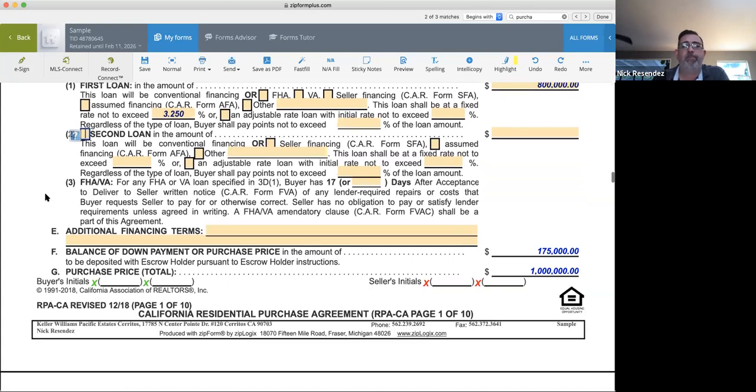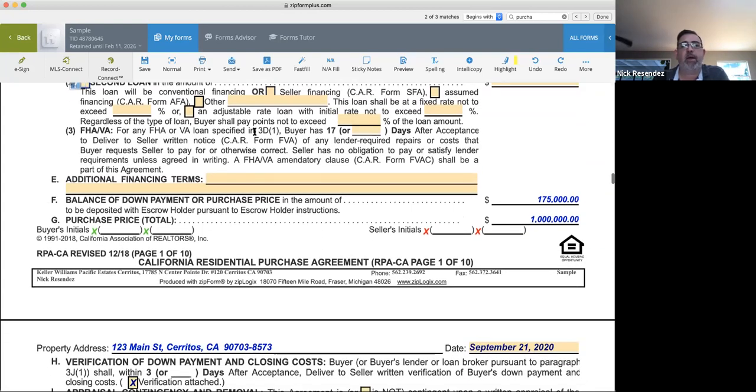If it is FHA or VA, this paragraph says that the buyer has 17 days from acceptance to give the seller an FVA, FHA and VA amendatory clause, of any lender required repairs or costs that the buyer is requesting the seller to pay for or correct.